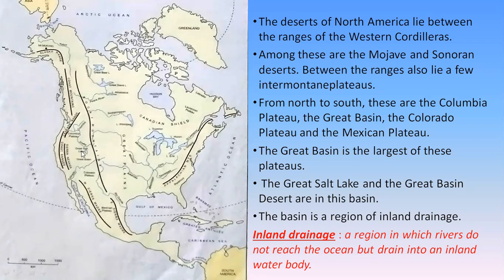Instead they reach inland big water bodies like a lake, a pond or a big bay. A river which is not touching the ocean is called an inland drainage system. That kind of drainage system is found along the Columbia River and the Colorado River.